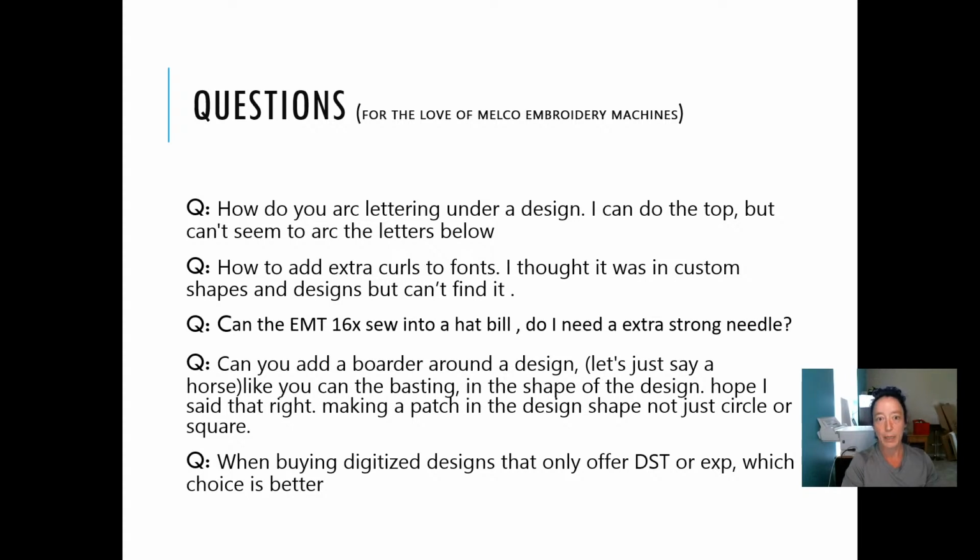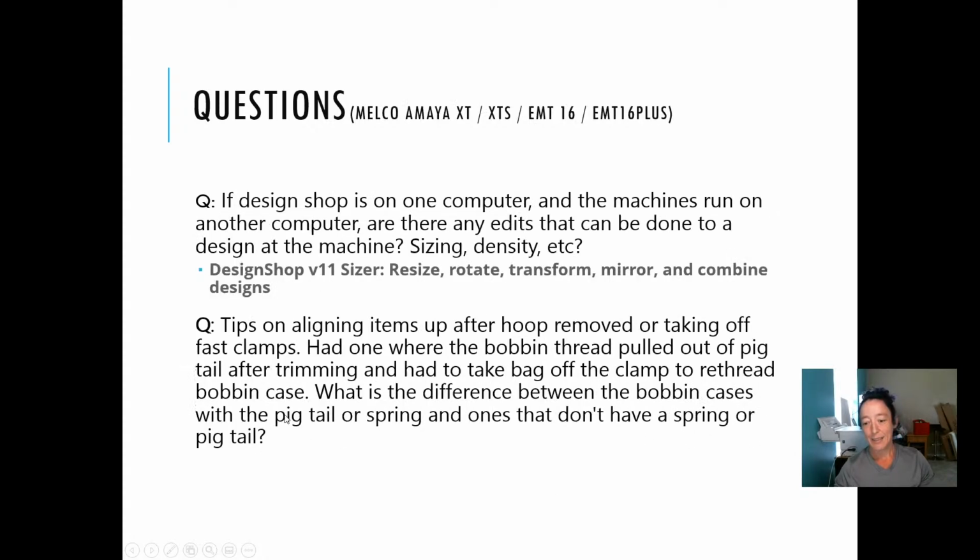So I would say EXP would be the better choice, but honestly, both are fine. But EXP, because there's trims built into the file. Both of them are expanded formats, so they both are pretty minimal of the type of data they have. They don't have color information, but you have all the stitches, and with EXPs, you also have trims programmed in.